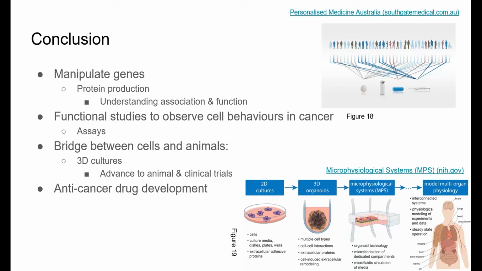Essentially, these are adding in another feature which isn't seen in organoids, and that is microfluidic circulation. So this is allowing us to have an even more complex, more representative in vivo environment. The whole function of these is to basically have organs exist on chips.